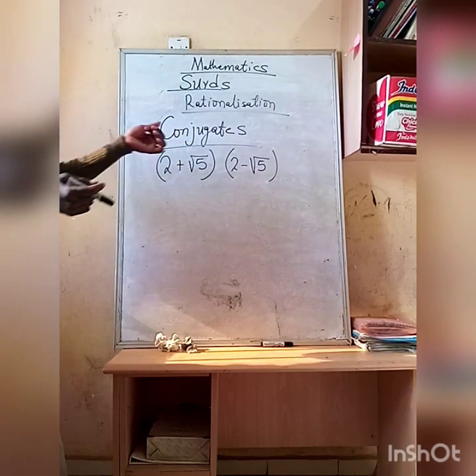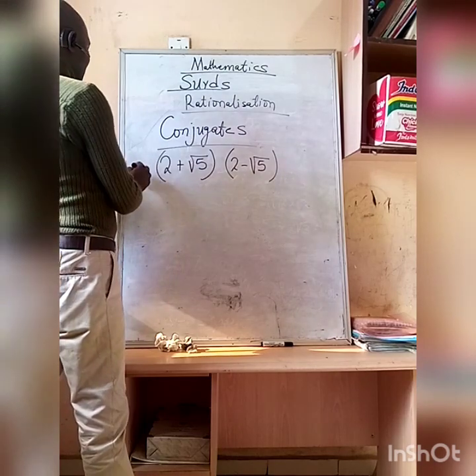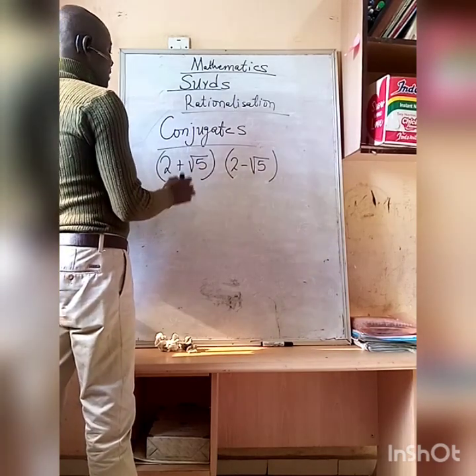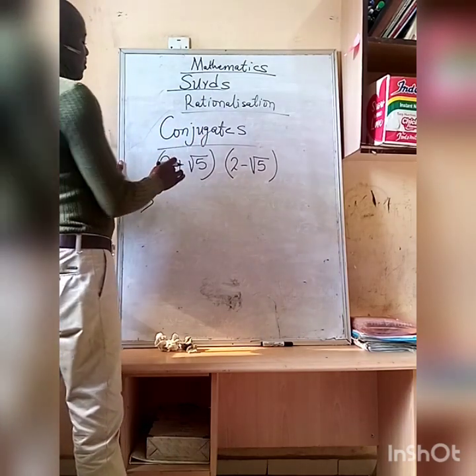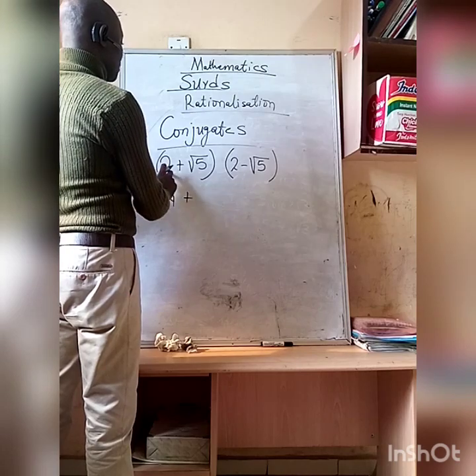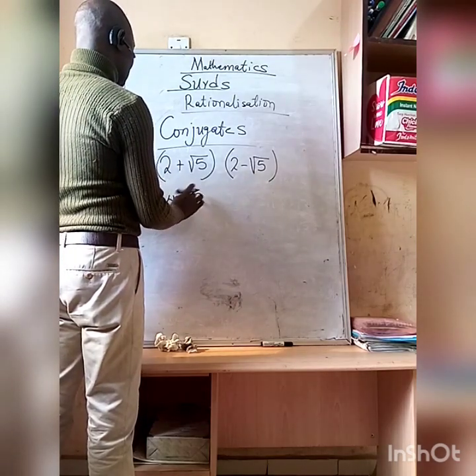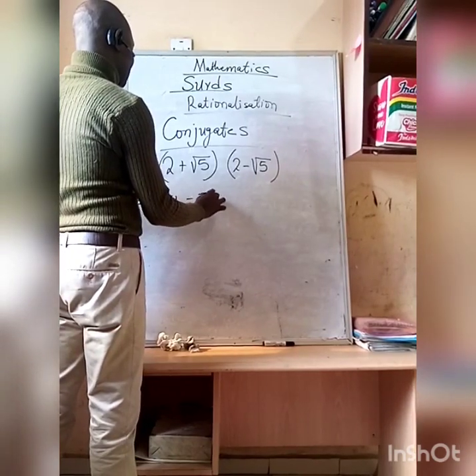The application I will do almost immediately. But in the first place, let's multiply this out. From our knowledge of expansion, this will multiply this to give us 4, plus this will multiply this, this is going to be negative 2 root 5.